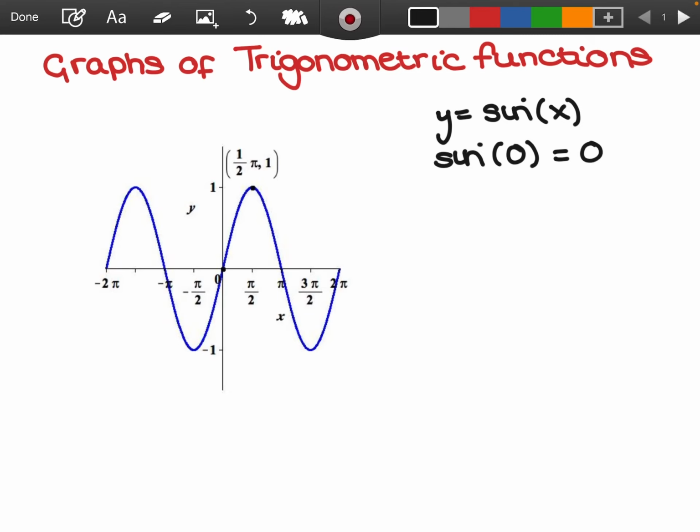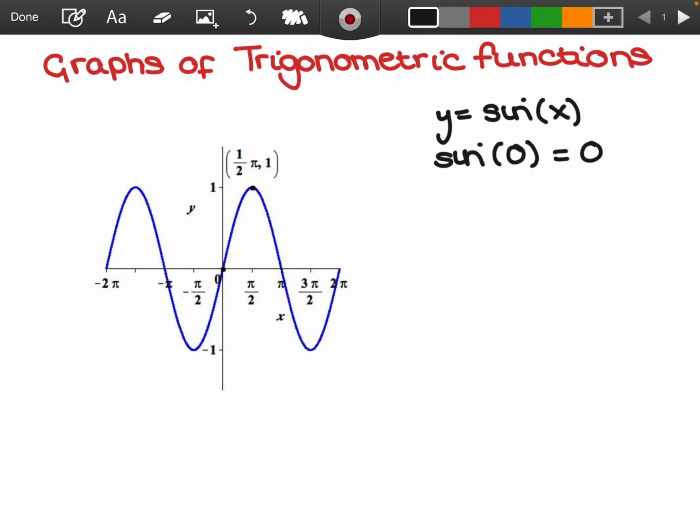Don't confuse this with the x and y coordinates that we had from the unit circle. Okay, remember that whenever I look at the angle, then sine of the angle will always give me the y coordinate on the unit circle. Cosine of the angle will give me the x coordinate on the unit circle. So please don't confuse the x and y's here.